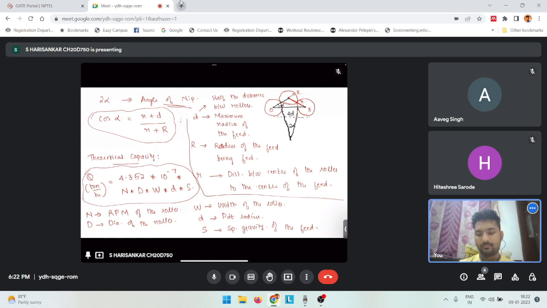So these are the basic things with regards to roll crushers. Then there is the next equipment, which is the ball mill.